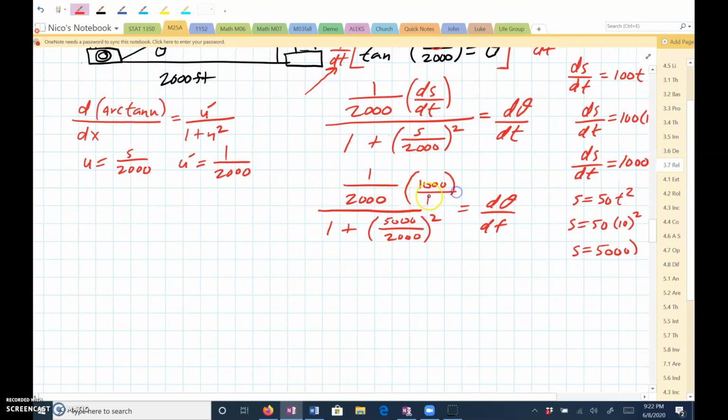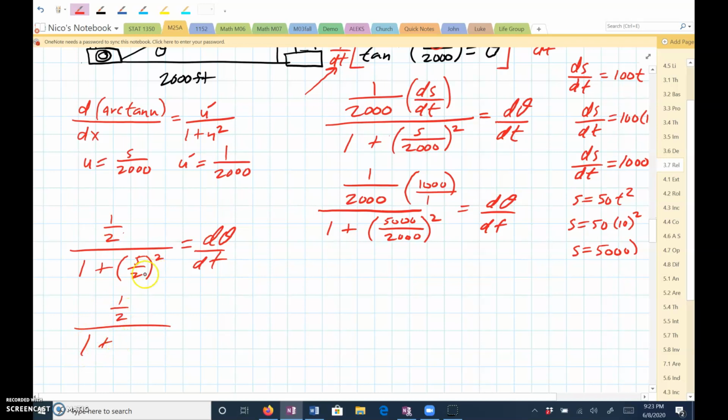The numerator is basically 1,000 over 2,000, which I'm going to make 1/2. Over 1 plus 5 over 2 squared equals d theta dt. Let's square 5/2. That's going to be 25 over 4. And let's make the 1 into 4 over 4.